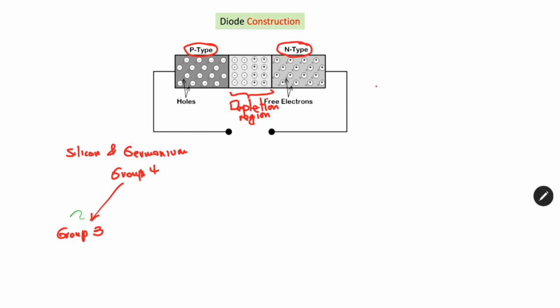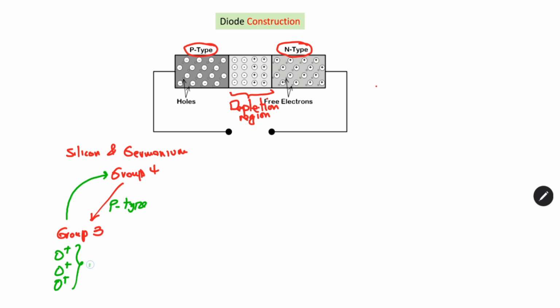So in that case, when these 3 bond with the 4 electrons in the outermost shell, to make it become stable, there will be 1 hole remaining. So imagine when we have more and more of these atoms connected, group 3 to group 4, it will leave more and more holes. So in that case, it forms the p-type semiconductor material.